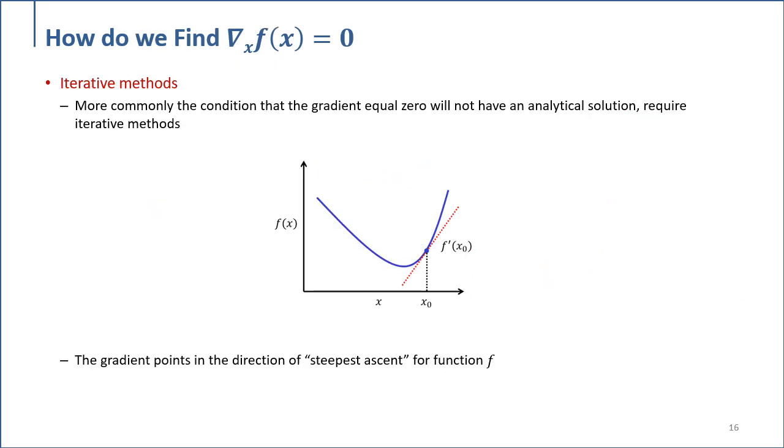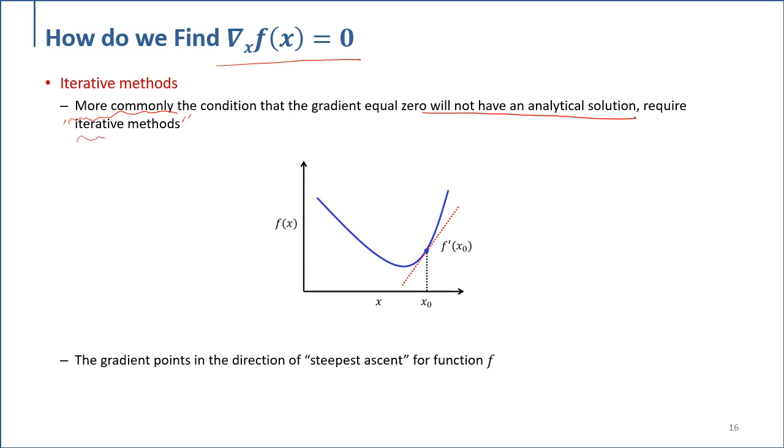So far we have looked into the way to find the solution where the gradient is equal to 0 analytically, by finding a direct solution. However, more commonly, the condition that the gradient equals 0 will not have an analytical solution, and in this case, we need to find another way, which is called iterative methods.